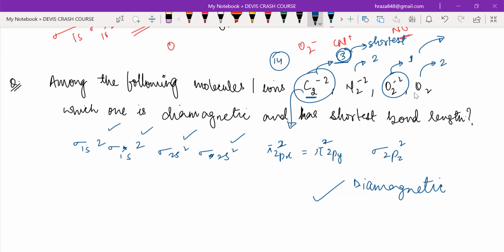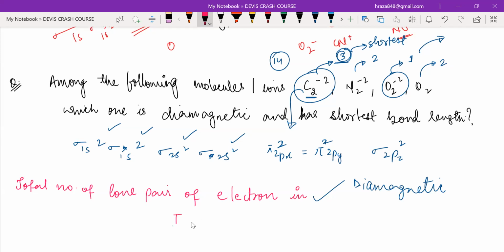Let me ask a question from VBT. The question is very easy: total number of lone pairs of electrons on I3 minus.